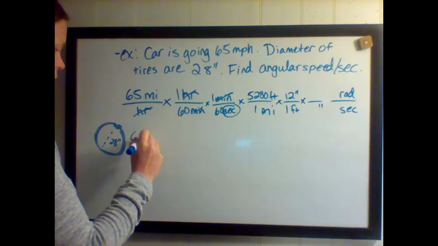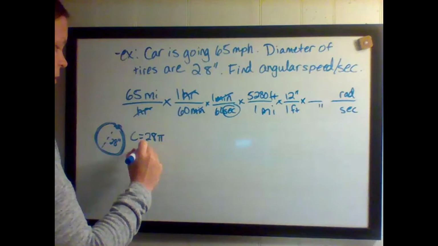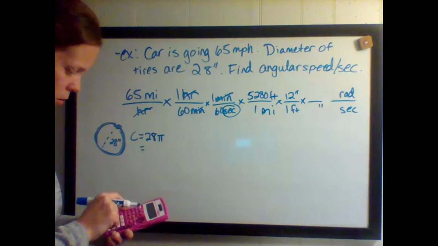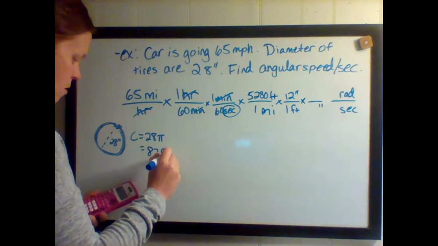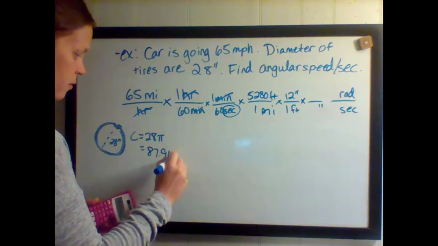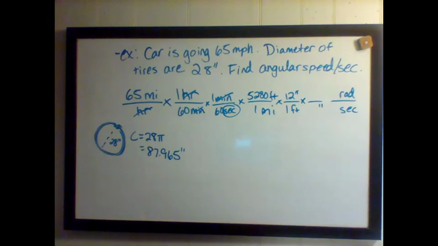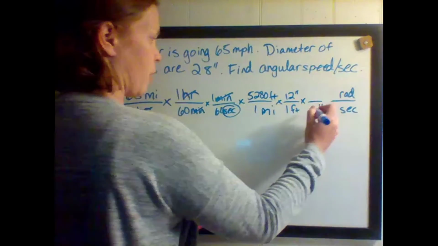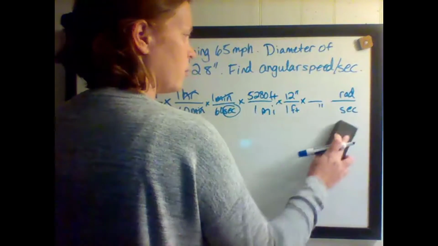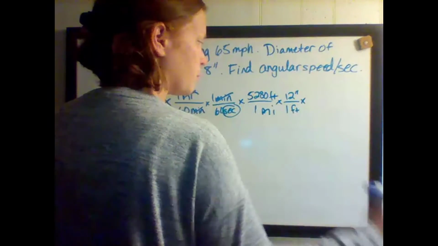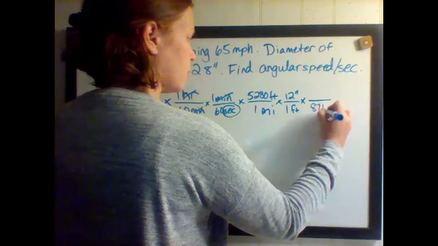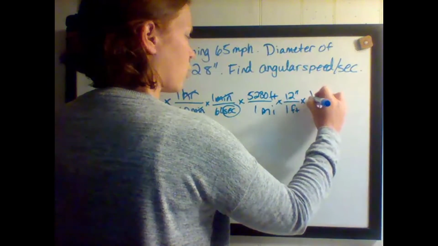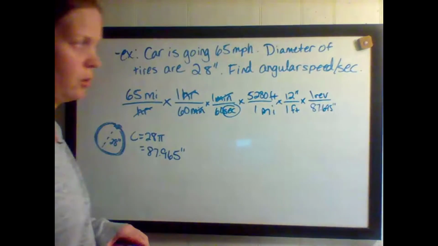So circumference is 28 pi, which is 87.965 inches. Well, that's 1 revolution, right?